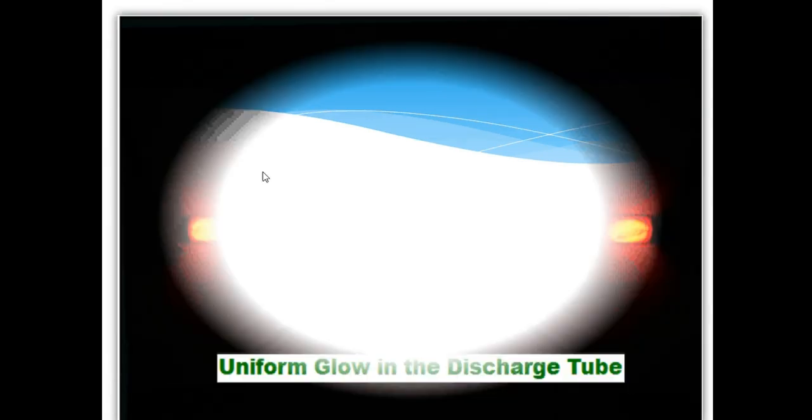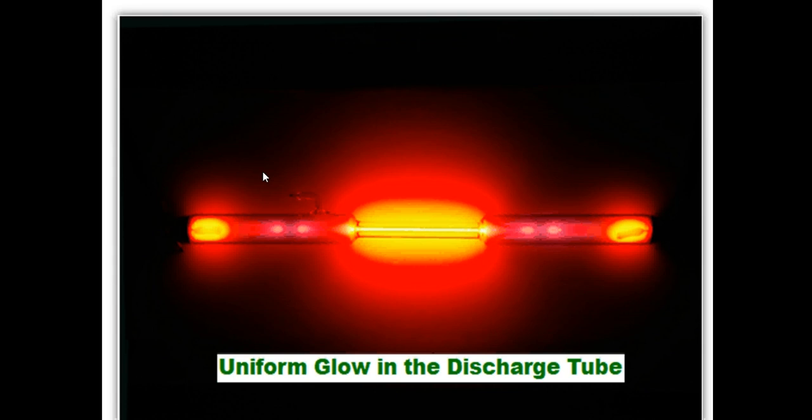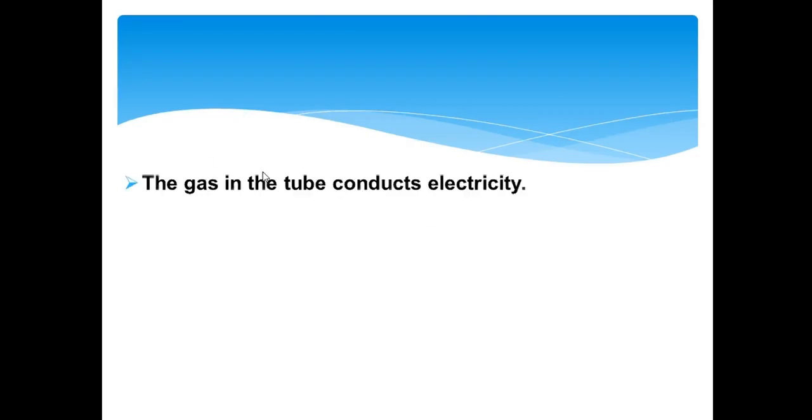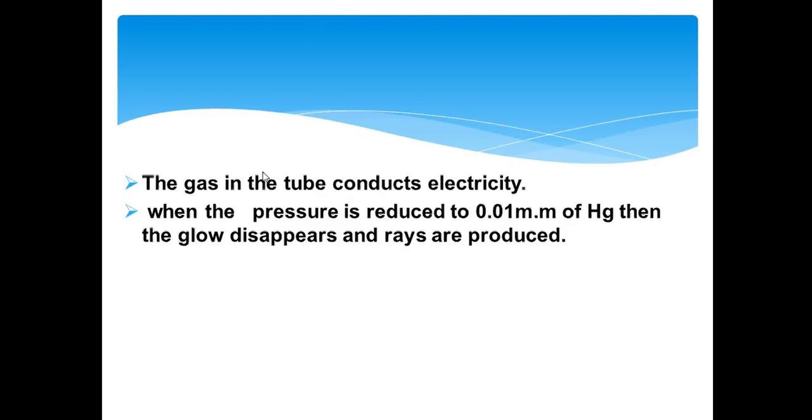Look at this light, in which uniform glow in the discharge tube can be seen. The gas in the discharge tube conducts electricity. When the pressure is reduced to 0.01 mm of Hg, then the glow disappears and rays are produced.